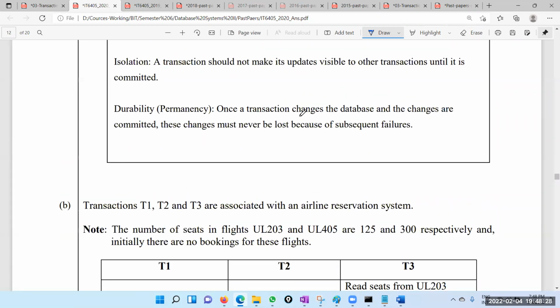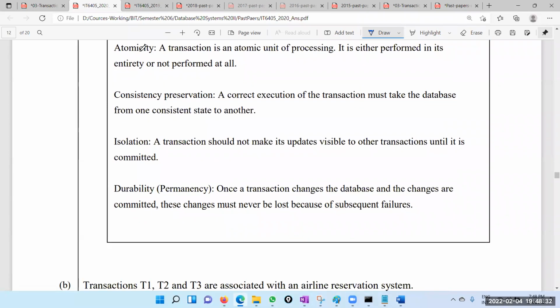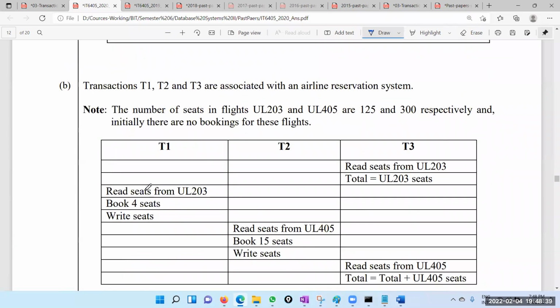Okay, we'll do the entire question. I hope we haven't done it. A part, anyway, you can do it. What is atomicity? What is consistency? What is isolation? What is durability? We discussed that. Right, so do the B part.